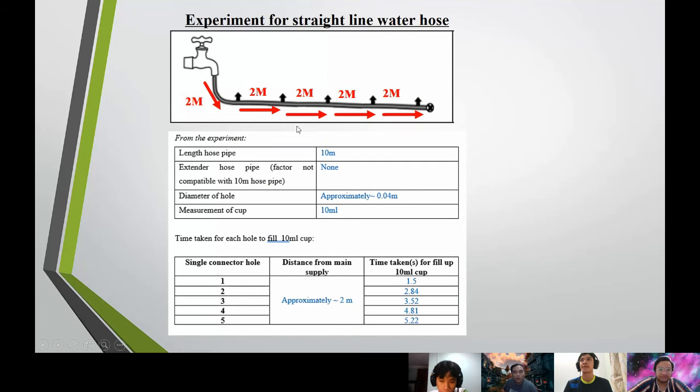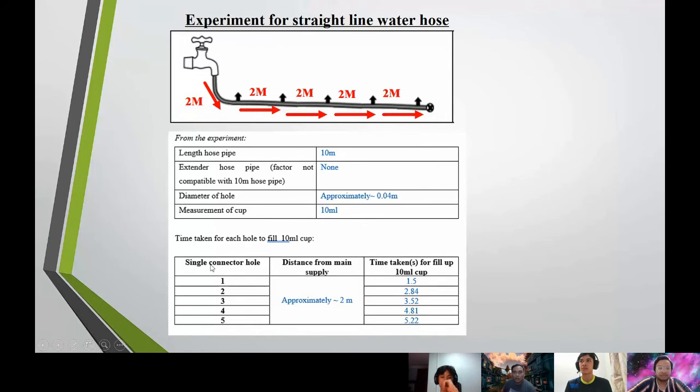For the straight line water hose, we use a 10 meter length of hose pipe, and we are not using any extended hose pipe. The diameter of the hole we use is approximately 0.04 meter, and for the measurement cup we use 10 ml.